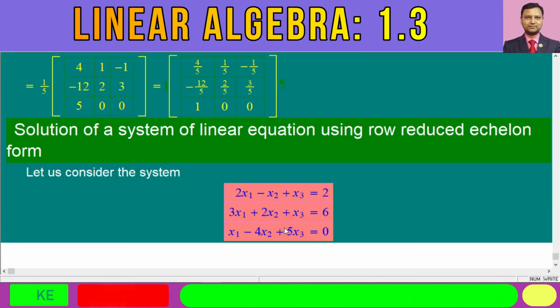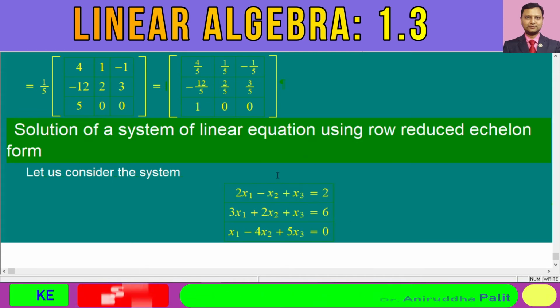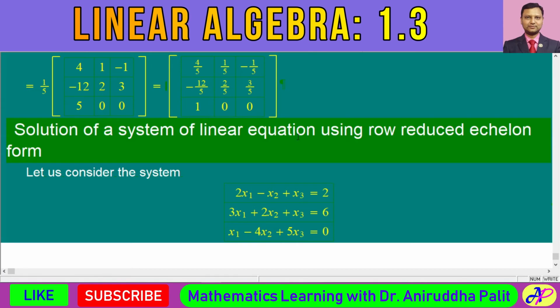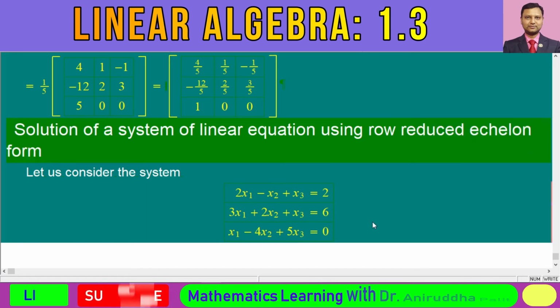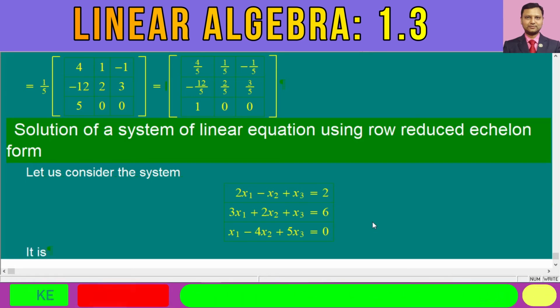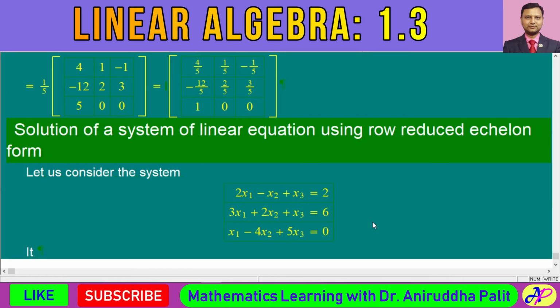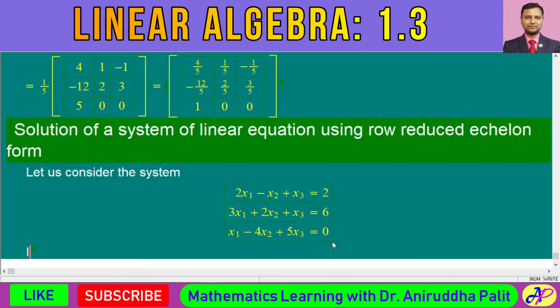Sometimes this kind of equations can be solved with the help of Cramer's rule, but over here it is given that we have to use the row reduced echelon form. That means we have to apply the sweep out row operations. Now you see this kind of linear system can be written in this way. Suppose capital A is the coefficient matrix.